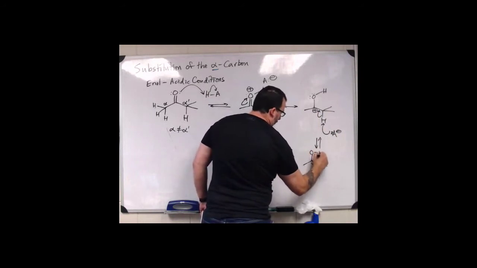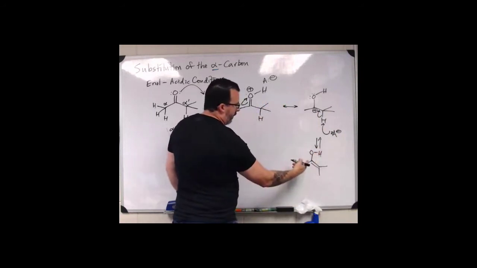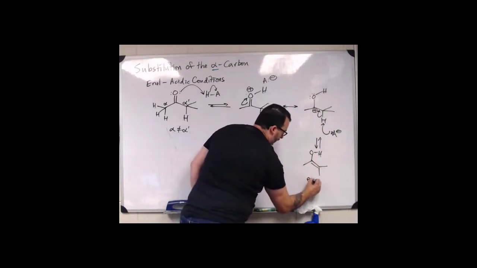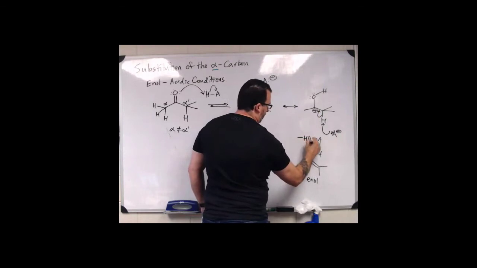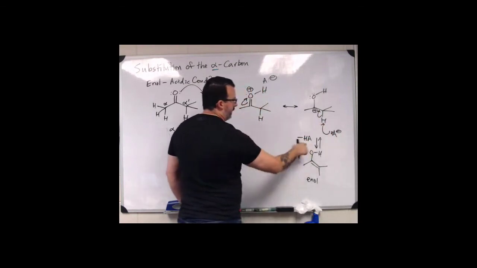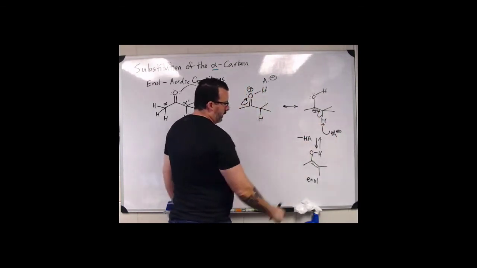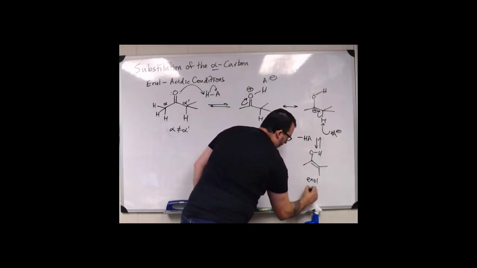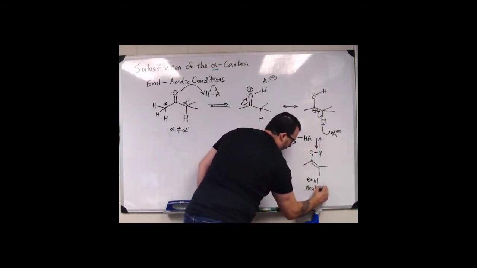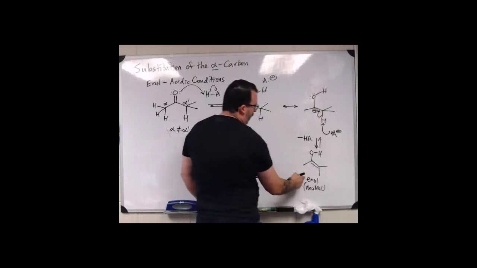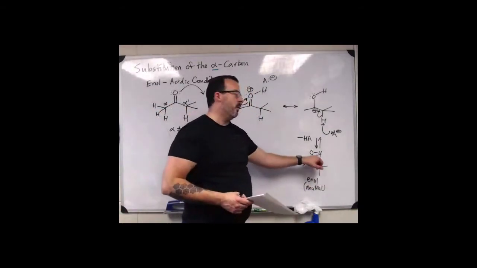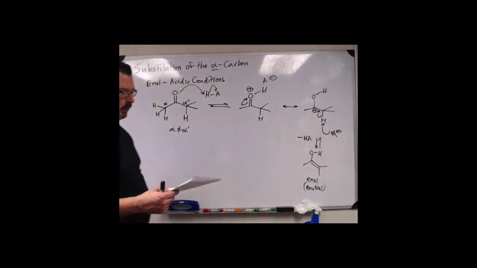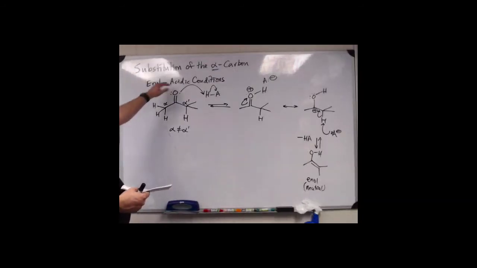So we see now that we're neutral. So in this process, we lose or regenerate the acid. So the acid is a catalyst. The neutral species is called an enol, and there's no "ate" because there's no negative charge on the oxygen. So acidic conditions generate enols.